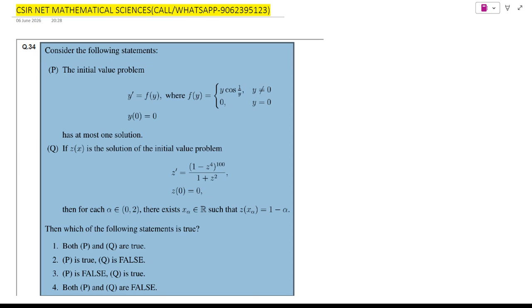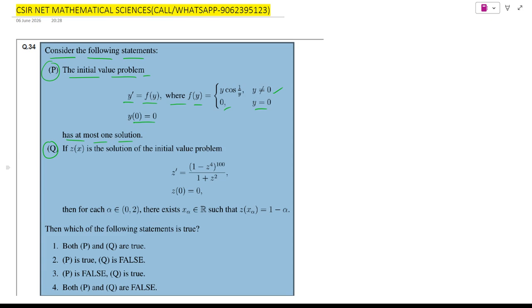Come to the question first. Consider the following statements. P says the initial value problem y' = f(y), where f(y) is y cos(1/y) for y not equal to 0, and f(y) is 0 when y equals 0, and y(0) is 0, has at most one solution.